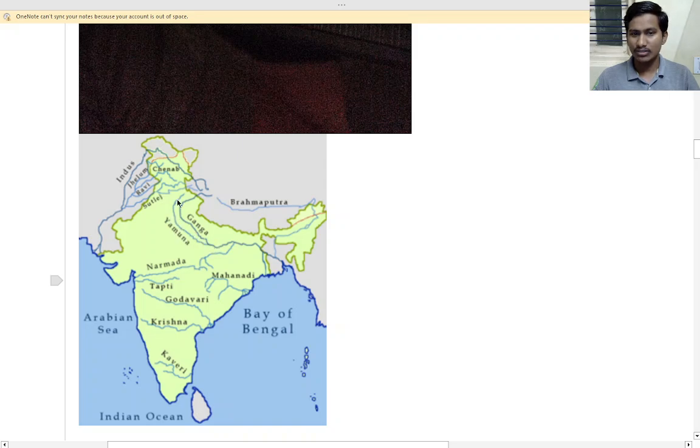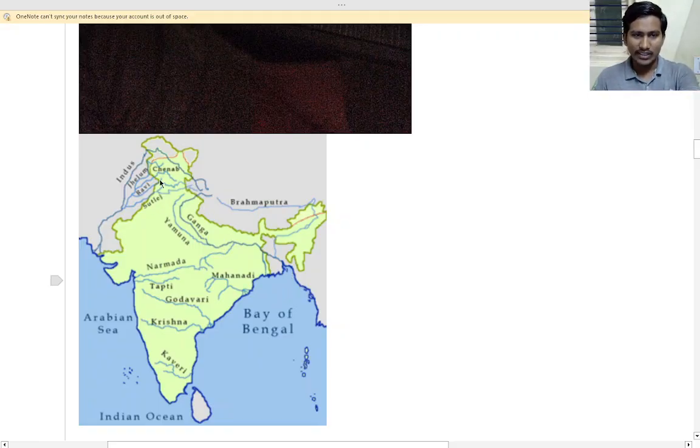Yamuna river originates in the Himalayan mountains, comes down, flows through Delhi and joins the Ganga. Brahmaputra, Ganga and Yamuna join here, and they drain into the Bay of Bengal.